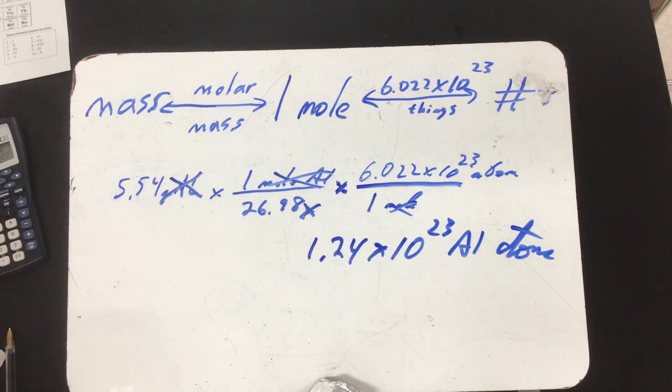Okay, so I can convert mass into number of things, into a count, which is important in chemistry, because the central idea is being able to count atoms.